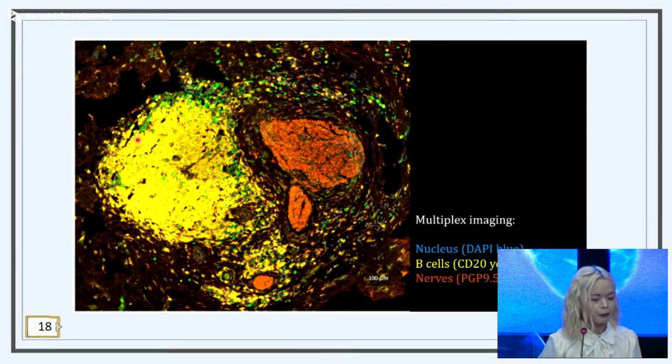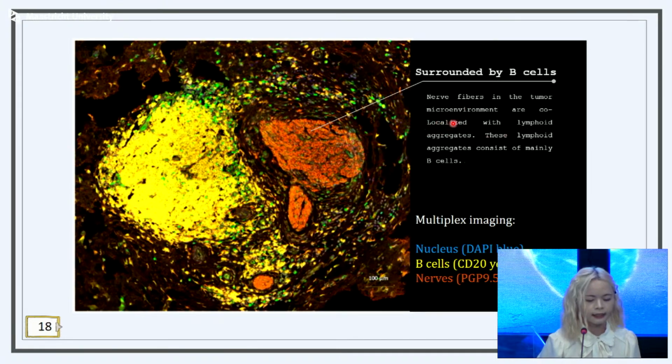Further, we performed immunofluorescence and found that nerve fibers in the tumor microenvironment are co-localized with lymphoid aggregates, and the lymphoid aggregates, which are co-located with nerve fibers, consist of malign B cells, here shown in yellow.